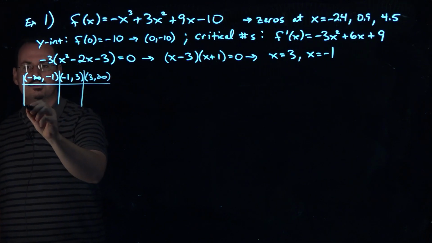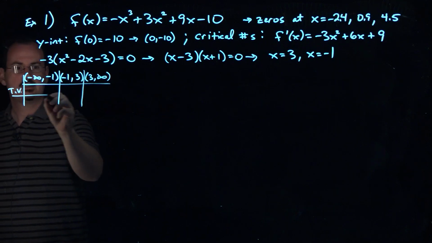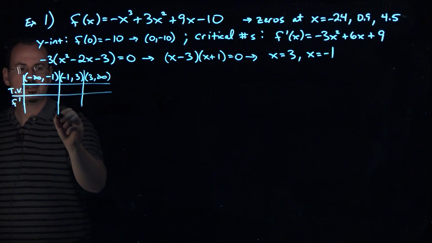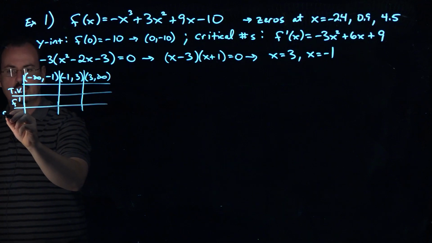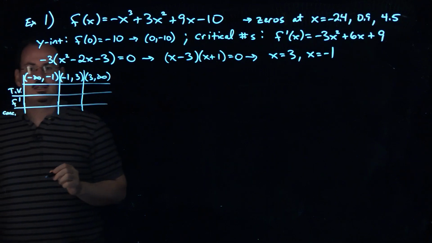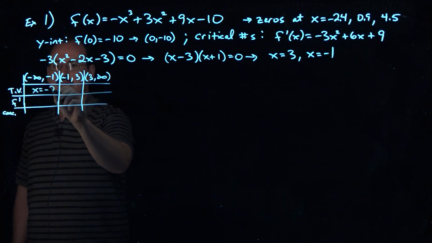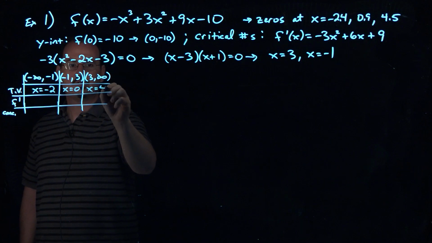Okay, so we'll just do what we've been doing in the previous sections. Find our test values, sign of the first derivative, and then what is our conclusion? Okay, so test value here, let's pick x equals minus 2. Let's pick x equals 0 for this one, and let's pick x equals 4 for this one.